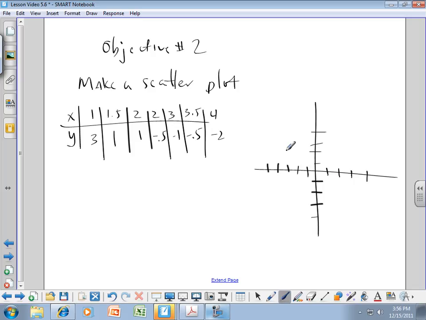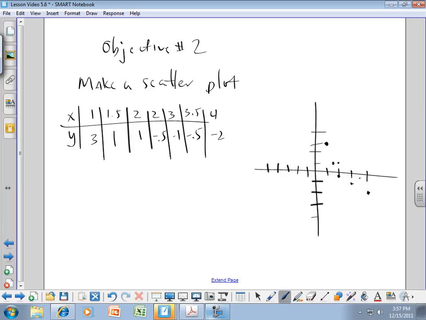1, 3. 1.5, 1. 2, 1. 2, negative 0.5. 3, negative 1. 3.5, negative 0.5. 4, negative 2. There's my scatter plot.